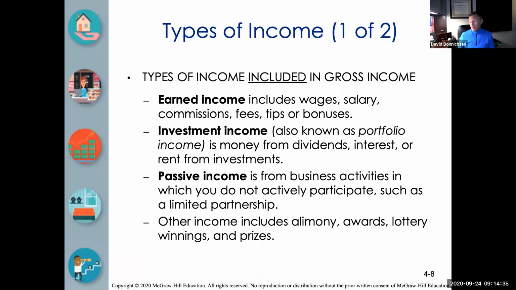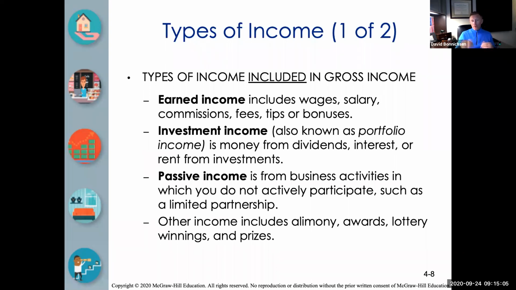Maybe you're a limited partner in a partnership where you're not responsible for the day-to-day activities of the business, but as a return for investing in the business, you receive some sort of passive income. You receive a portion of the money that partnership makes simply because you're an investor in that business, but you're not actually participating in the day-to-day. So it's a passive investment for you.